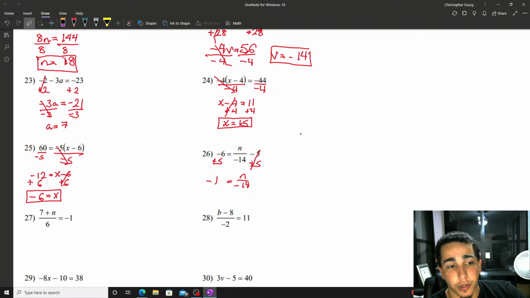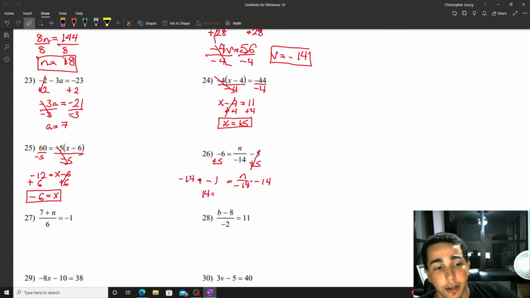Finally, to get n by itself, we're going to multiply by negative 14 on each side. On the left side, negative 14 times negative 1 is going to be positive 14. And on the right side, n over negative 14 times negative 14. The negative 14 on top and on the bottom cancel, and we're left with just n. So we get that n equals 14.